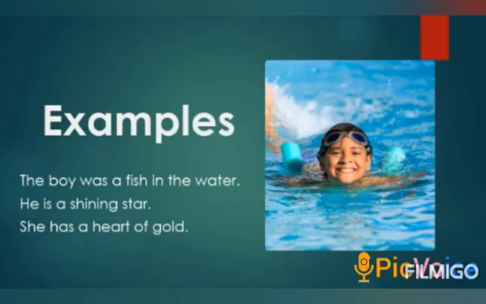Previously we have discussed simile. So what are these? These are examples of metaphor, because it is again the comparison of one thing with another. As you can see in these examples, we are comparing one thing with another, but we are not using like and as here.